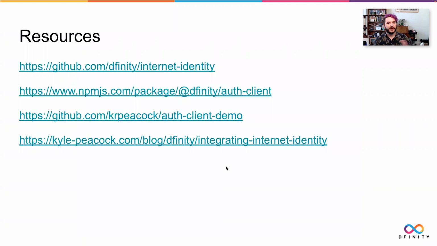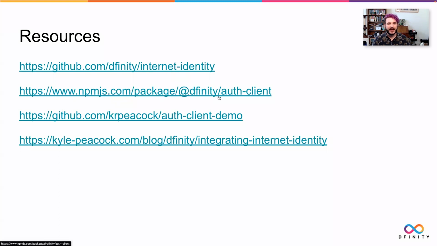And then here are some resources that you can link to. We'll share out the slides later. But internet identity is open source. You can go check out the code of how this all works directly there. This is also helpful if you need to clone it and run it, if you're developing with it on your local environment.